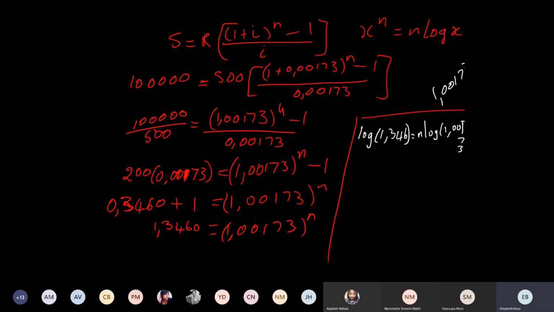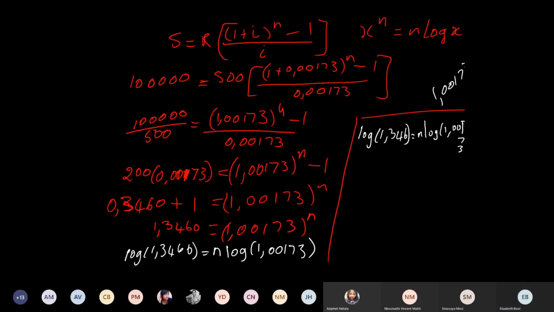Okay, doesn't work. Let's go back here. Let's do it on this log of 1,346. I hope you are able to see this is equals to n, the log of 1,00173.